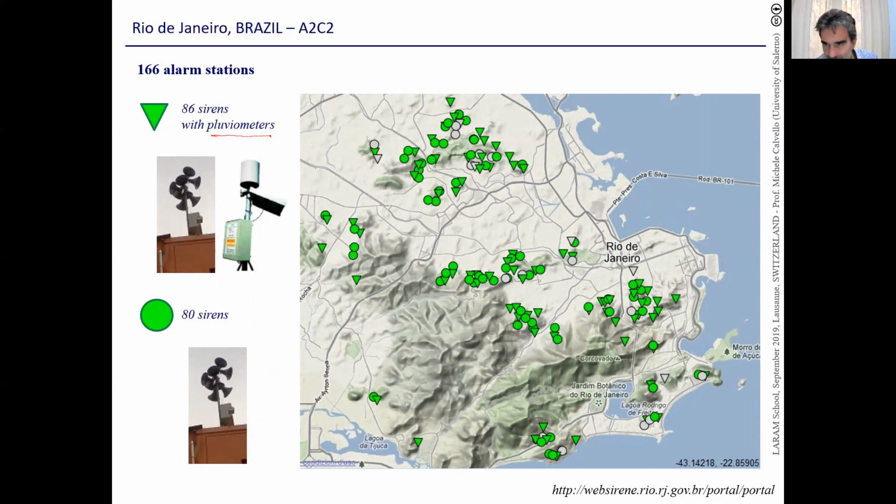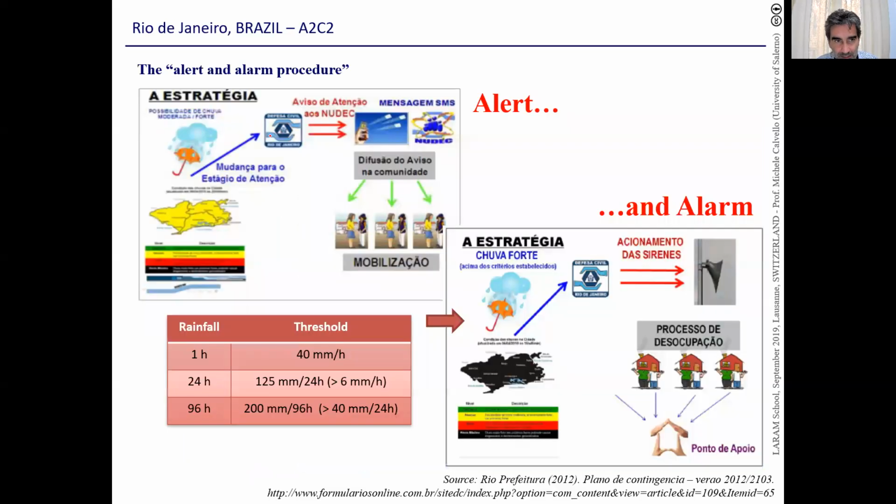Some other communities that are close to communities with a pluviometer don't have it. All of them have sirens located in strategic spots, because the siren has to disseminate the information to the people living in the areas most at risk, the areas that were mapped as the areas at risk.